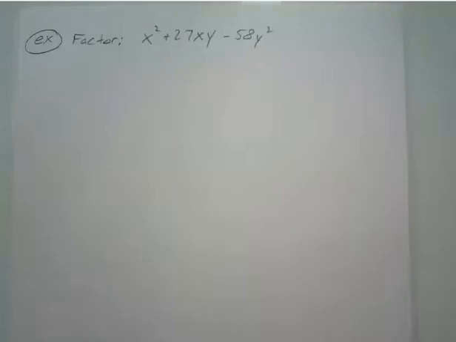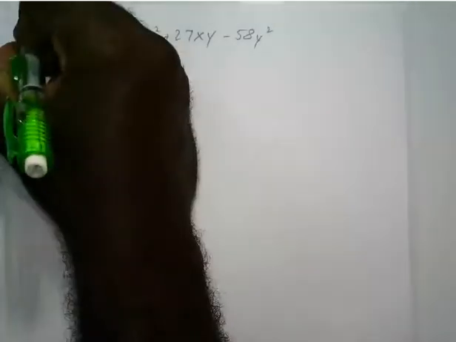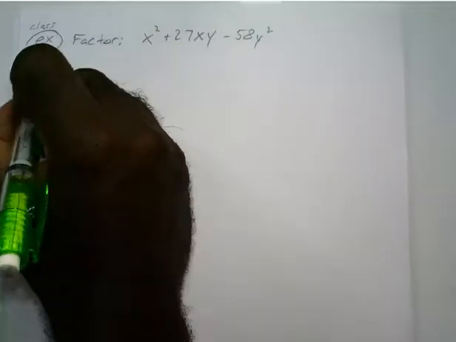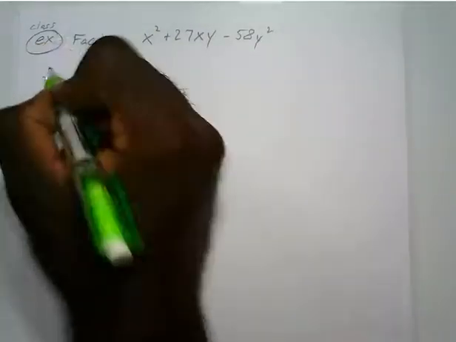Okay, now if you think you're ready, you can press pause and try to solve this one yourself. Alright, so if you did press pause and try this one yourself, we're going to go ahead and solve it.